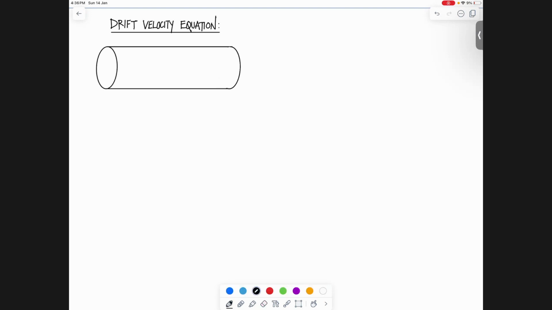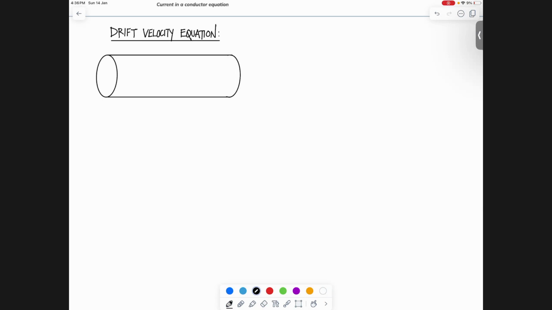Right, so we have this wire here. This we call the cross sectional area, A. This is the length of the wire, L. And this wire contains charges.